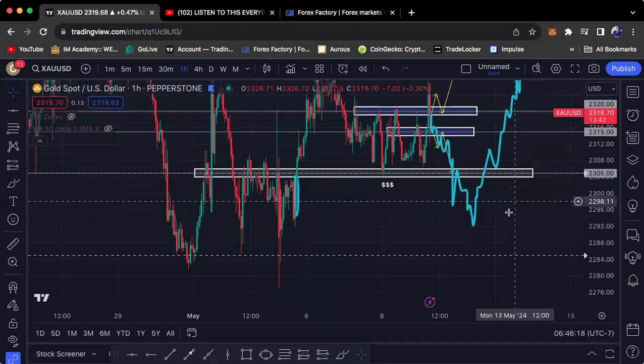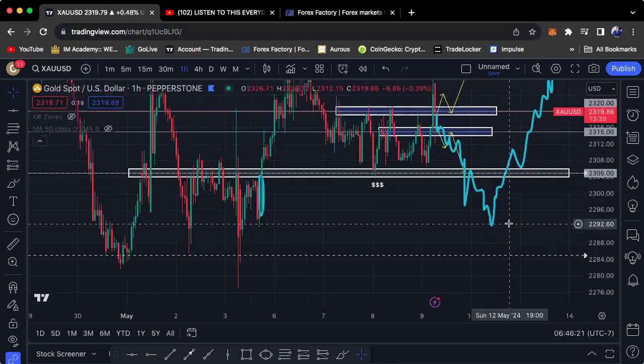Why do I see that happening? Because at 2295 area, there's a 61.8 zone.